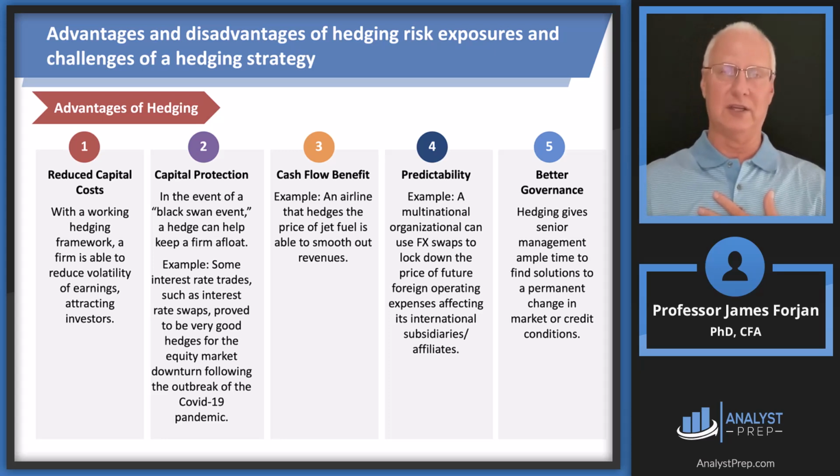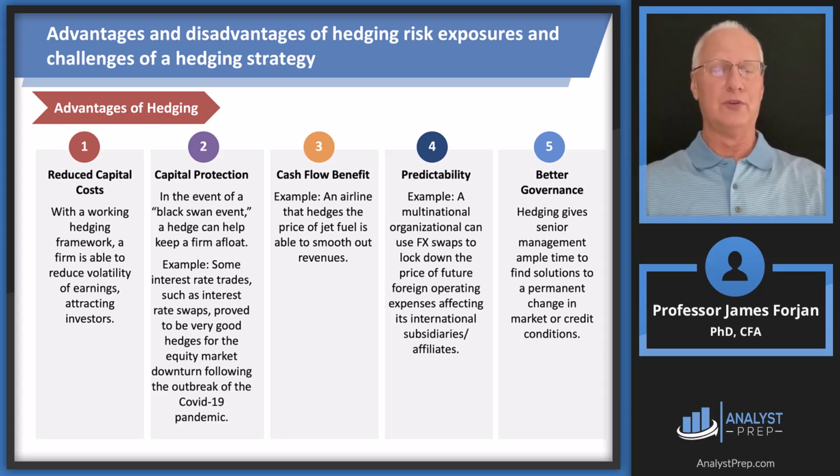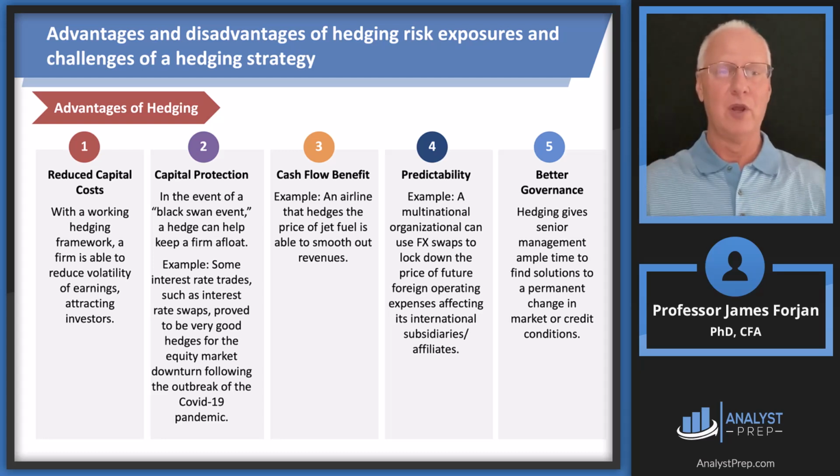I always like to look at it as reducing the volatility of revenues, locking into a revenue, and reducing the volatility of expenses, locking into an expense. That, of course, reduces the volatility of what I always tell my students are margins. But here in the FRM world, we need to worry about the very bottom of the income statement. So reduce volatility of earnings. That's an important one.